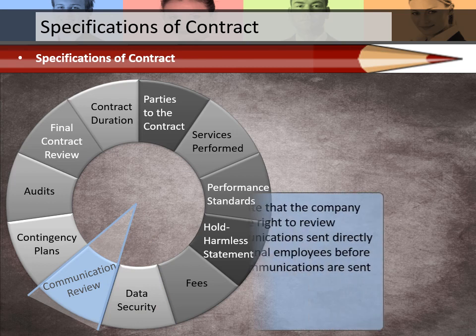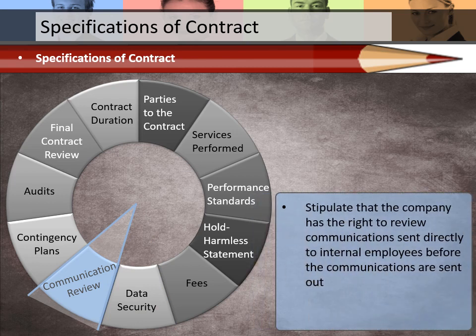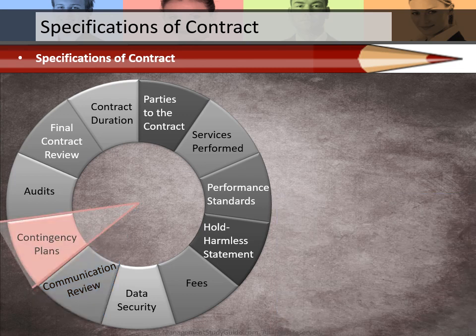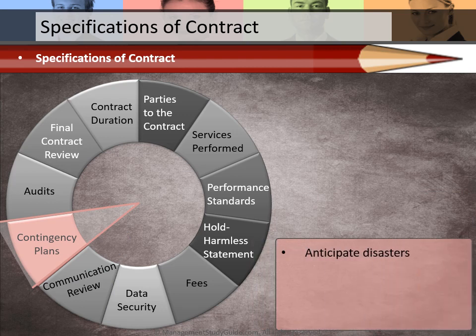Communication review. Stipulate that the company has the right to review communications sent directly to the internal employees before the communications are sent out. Define the process for reporting emergencies. Contingency plans. Anticipate disasters.